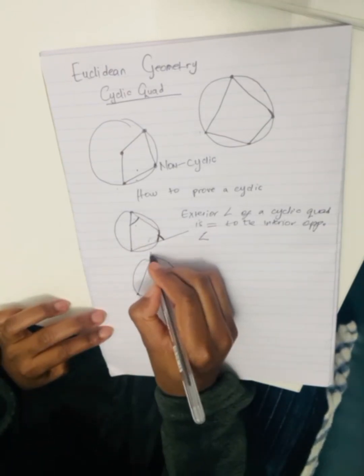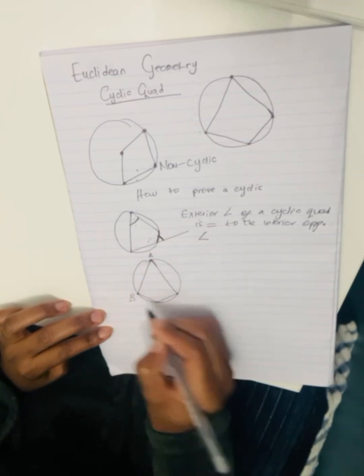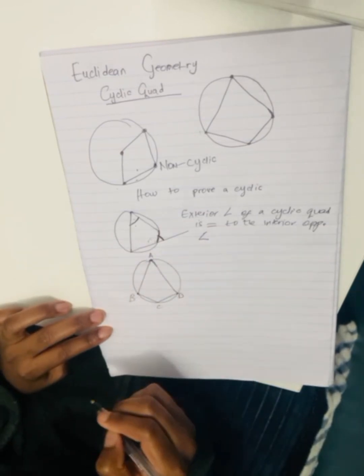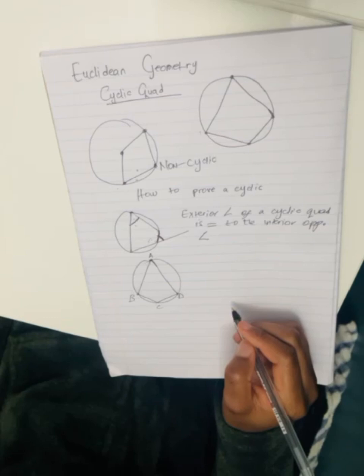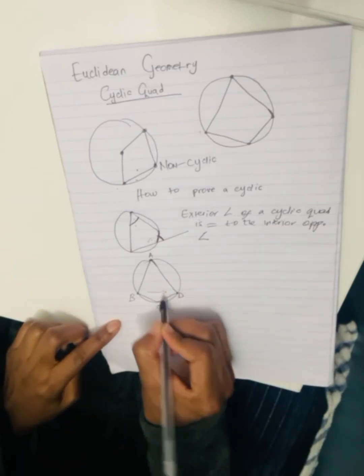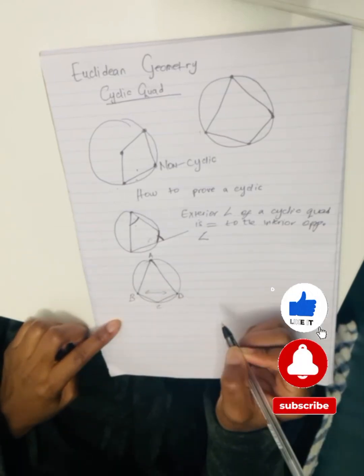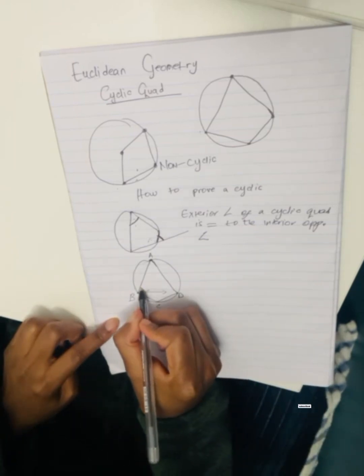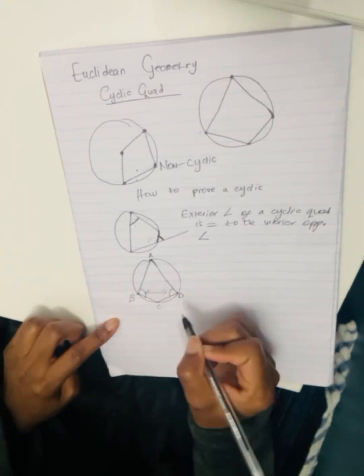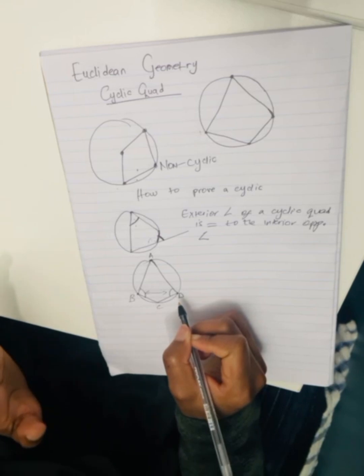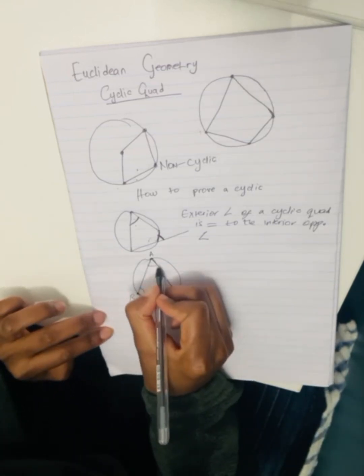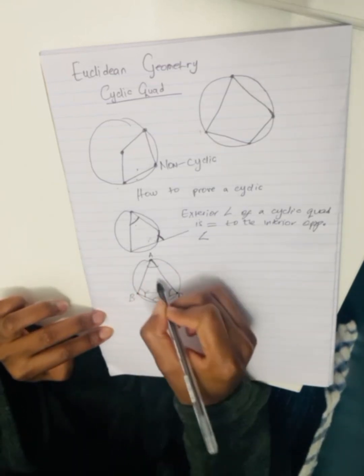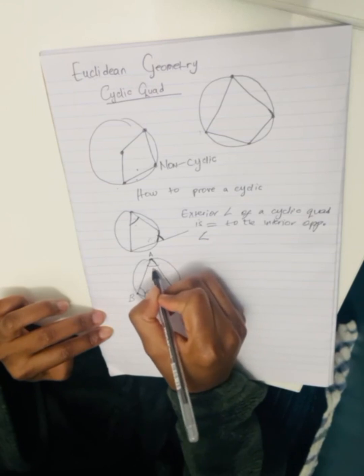So this can be your A, your B, your C, and your D. Another thing is that the opposite angles of a cyclic quad are supplementary, meaning that when you add this angle and this angle, they must sum up to 180 degrees. And when you add this one and this one, they must also sum up to 180 degrees.